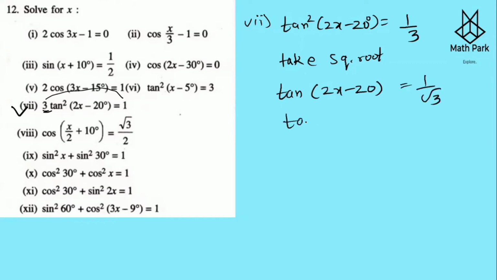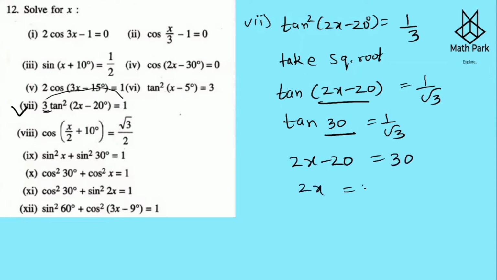So we now know that tan 30 is equal to 1 upon root 3. Comparing these two equations, we get 2x minus 20 is equal to 30 degree. So we get 2x is equal to 30 plus 20, which is 50 degree, and x is equal to 50 divided by 2, which is equal to 25 degree.